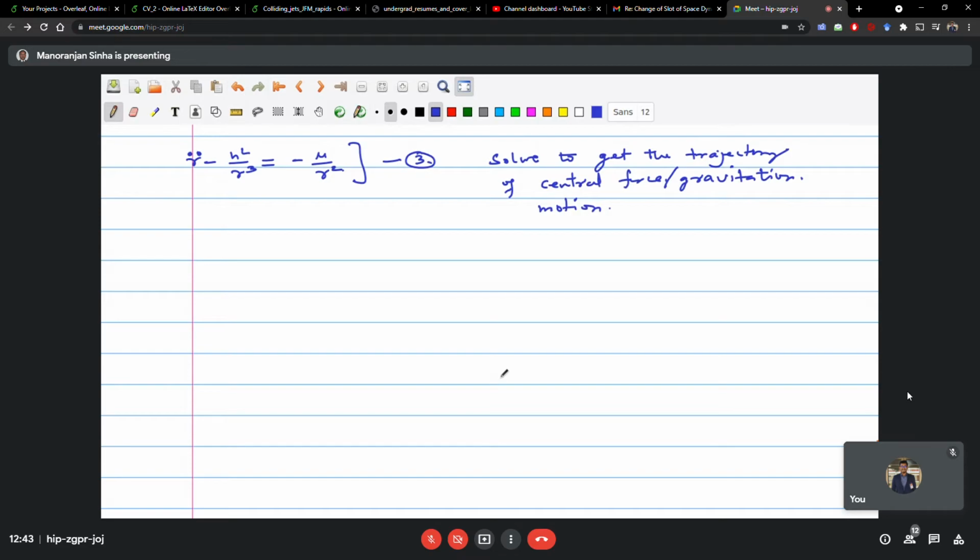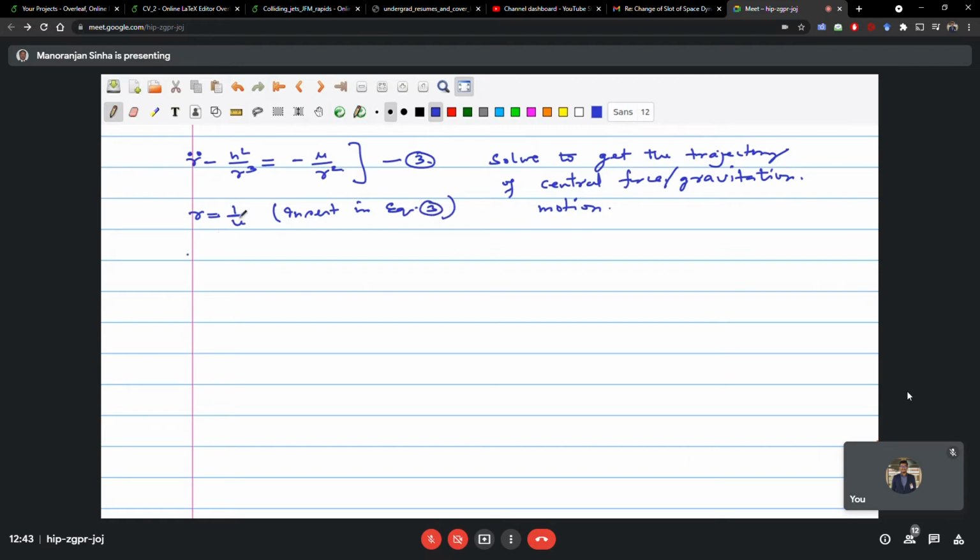And as it is a nonlinear equation, we can simplify it and put it in a format where it's solvable easily. And for that, we need to insert r equal to 1 by u in equation 3.